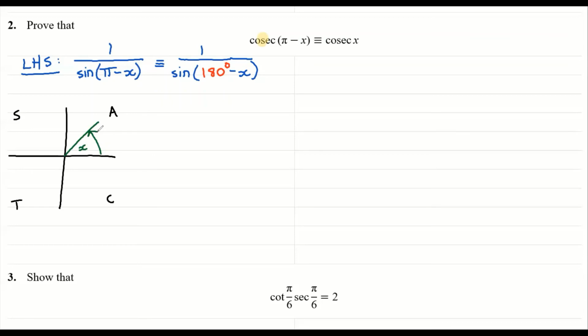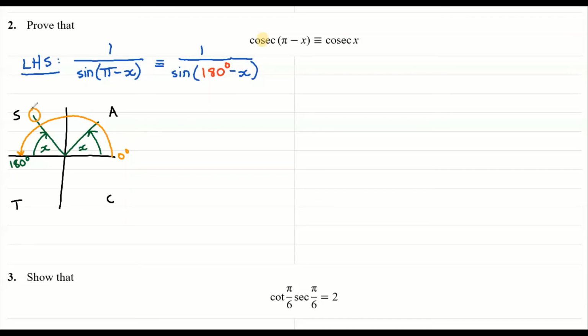Now, to get to 180 subtract x, remember, of course, 180 is here. That's 180 degrees. So 180 subtract x must be there. Just so you're clear about this, if I start at 0 degrees here and go all the way round to 180 degrees, I've got to go back x degrees to get to this point here.